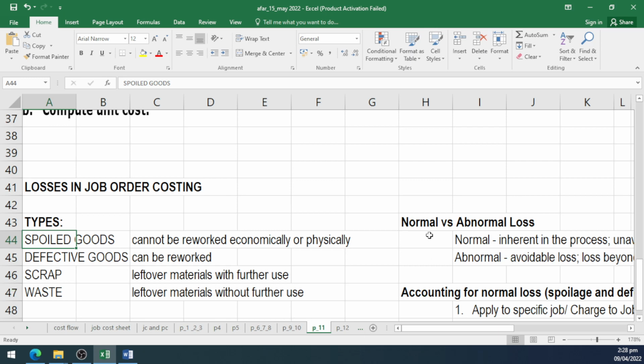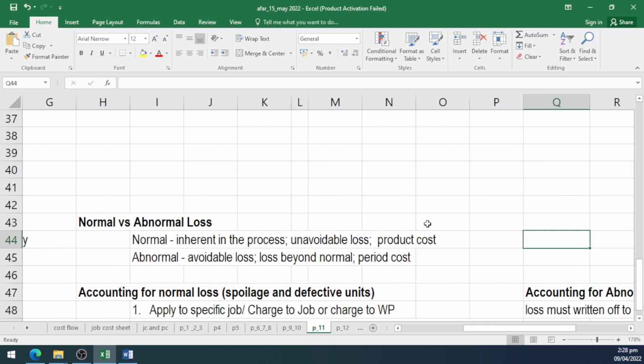Okay? Next, we differentiate normal and abnormal because this will affect our accounting. So the loss will have to be classified kung normal or abnormal. Yung normal, ito yung mga inherent in the process. They are unavoidable loss, and since they are part of efficient manufacturing process, inherent in the process, it will be treated as a product cost.